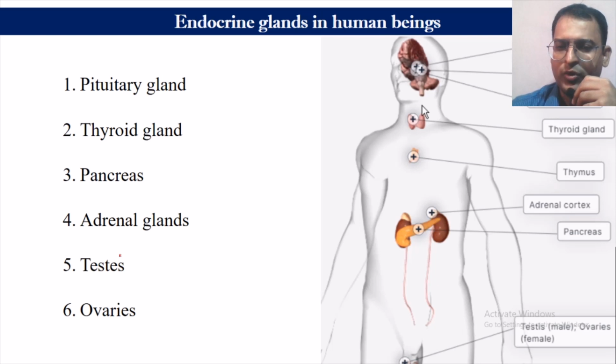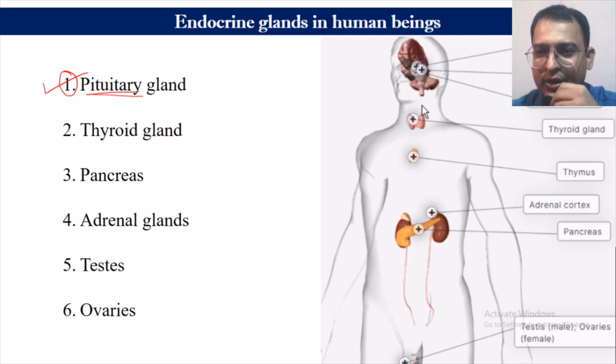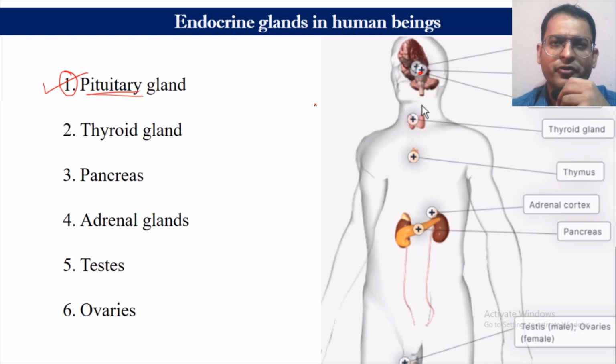So, first let us list out the endocrine glands in human beings. One, the most important is the pituitary gland. Where is it located? It's located in the brain. You can see here this is the pituitary gland, located in the brain, and it is the size of a pea.